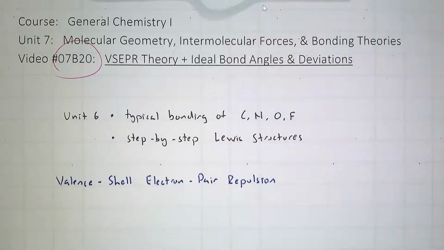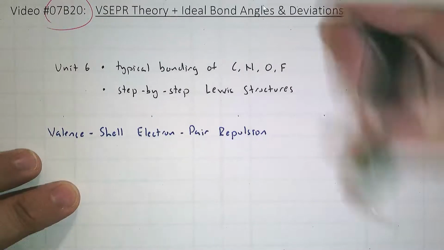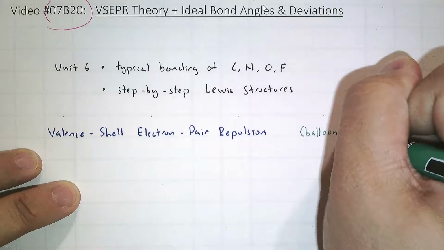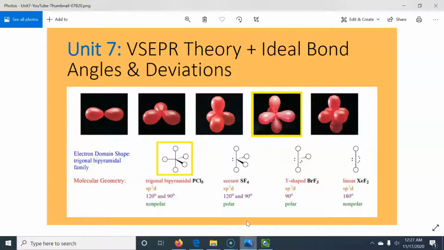Okay. And I want us to think of these electron pairs as balloons, and you'll see why shortly. Actually, on the cover picture, we do see balloons, and these are the general shapes of molecules as you increase the number of bonds, from 2 to 3 to 4 to 5 to 6 bonds from a central atom.